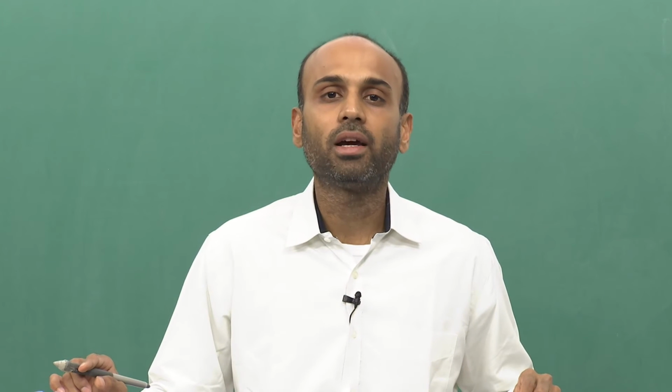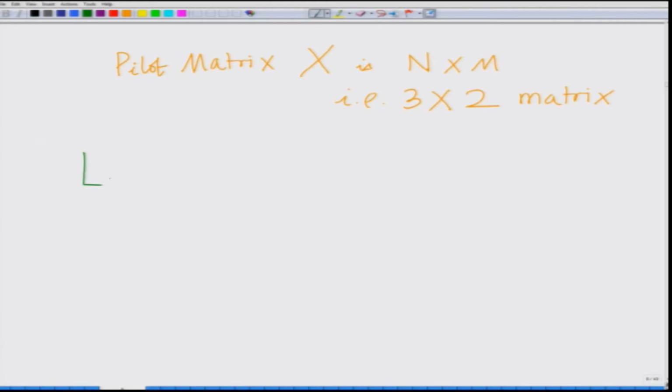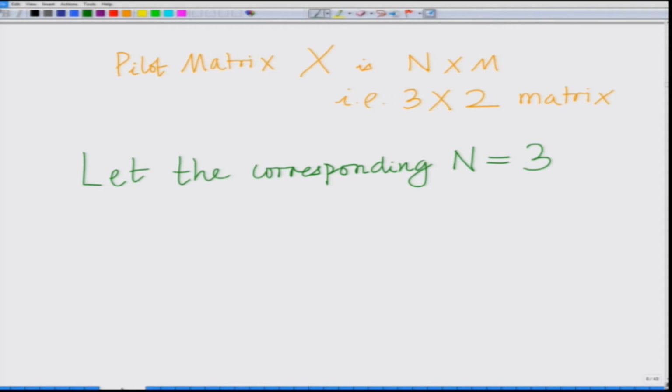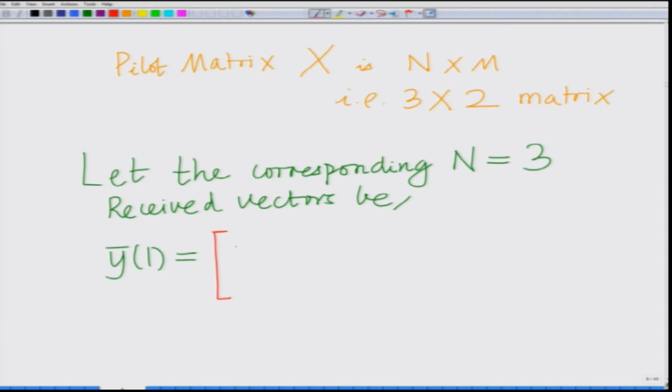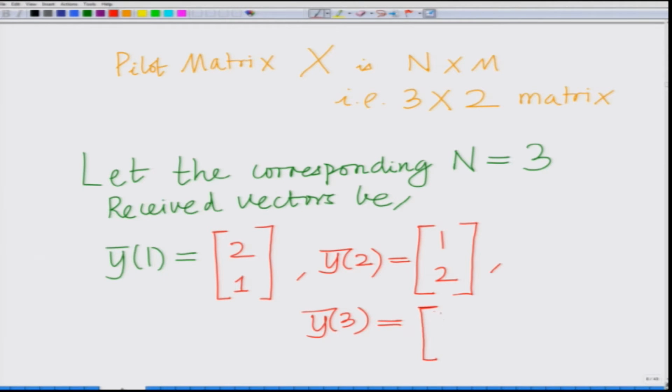Let the corresponding received vectors be y bar 1 equal to 2, 1; y bar 2, that is the second received vector, 1, 2; and y bar 3 equal to 1, 1.